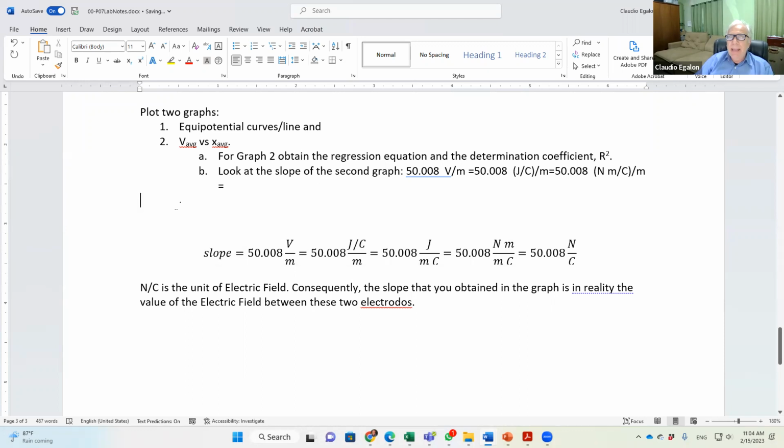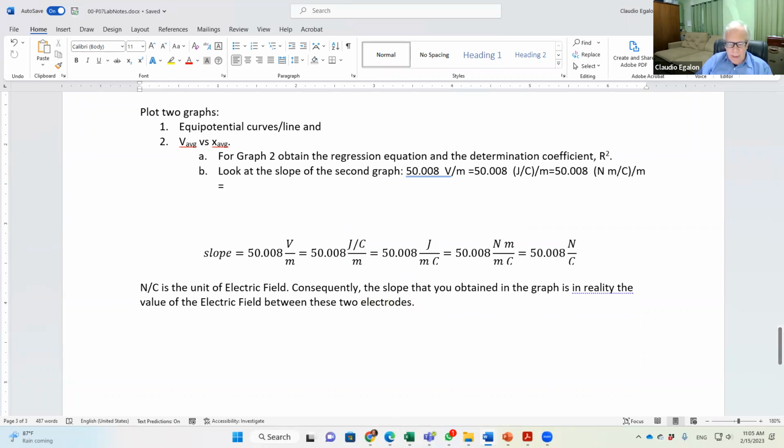That's how we get the electric field. Not only do we get the direction of the electric field, but we also get the intensity of the electric field. In my case, it was 50 newtons per coulomb. In your case, maybe it's going to be different, or maybe it's going to be close.